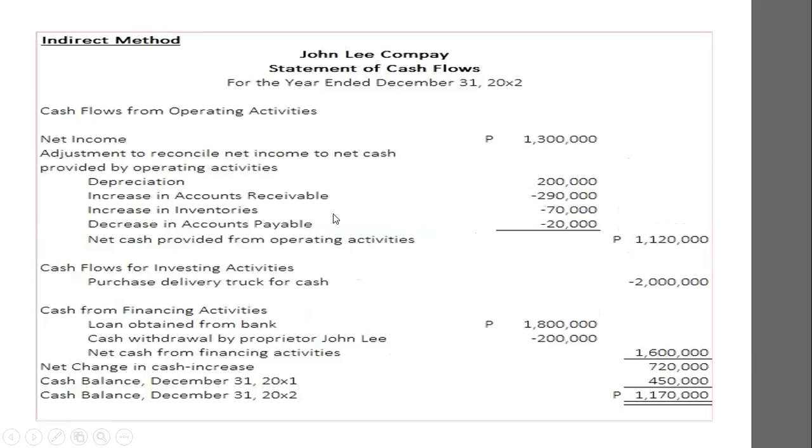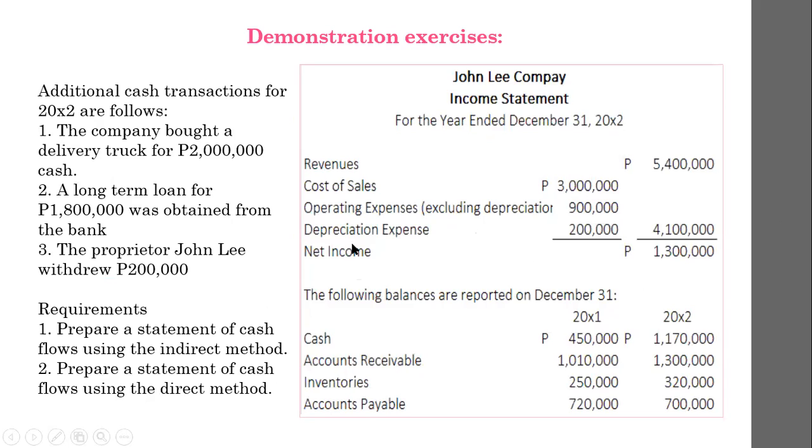Kailangan nyo lang pong i-classify kung saan dyan yung operating activities, yung investing activities, and yung financing activities. Okay? So, ika-classify nyo po yan based on the illustration. Then, may additional cash transactions for 20x2 as follows. So, hindi lang daw po ito, kundi ito din po. So, additional transactions. So, automatic, gagamitin nyo po yan sa direct method and indirect method.